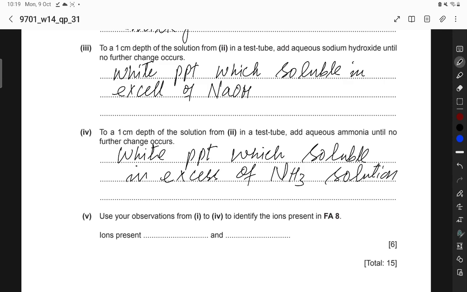Use your observations from 1 to 5 to identify the ions present: zinc and carbonate ion.